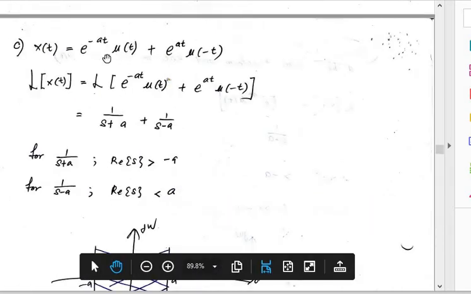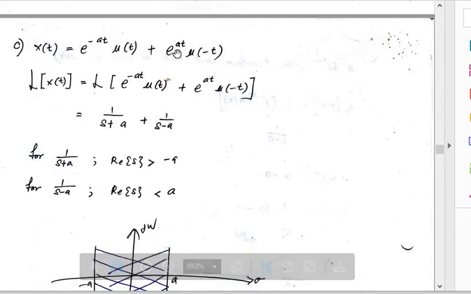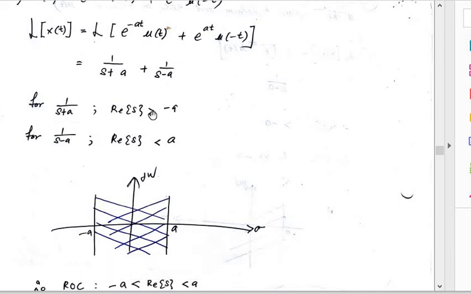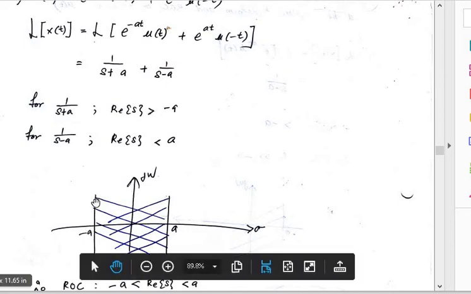And then we look at this one: e to the negative at u(t) plus e to the negative at u(-t). Just now you had the two separately, so now it is a combination of the two. For 1 over s plus a, the real part is more than negative a, so the ROC is like this.